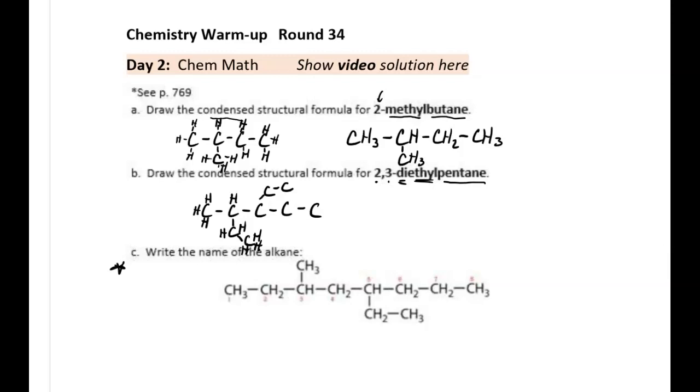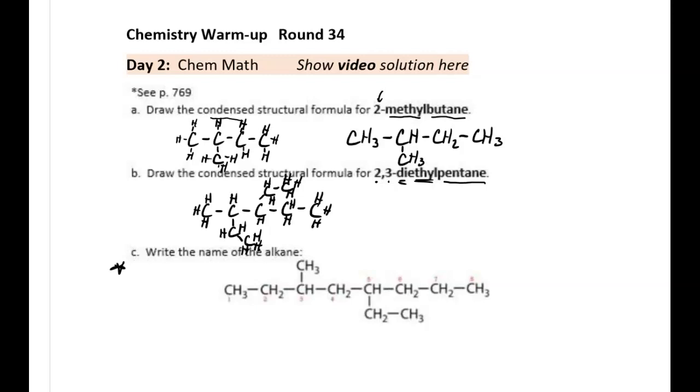Okay, the third carbon in the parent can have a hydrogen here. The branch can have a hydrogen and a hydrogen, but the last carbon on the branch can have 3 hydrogens. The fourth carbon in the parent has room for 2 hydrogens, and the last carbon has room for 3 hydrogens. And I'm not even drawing the dashes on this because, again, I'm just doing a quick sketch to try to figure out how many hydrogens are associated with each carbon.